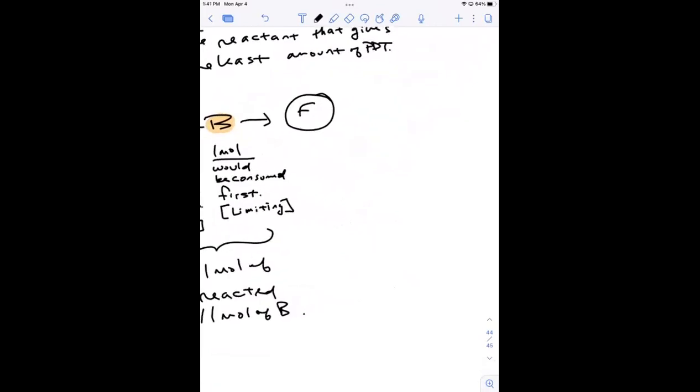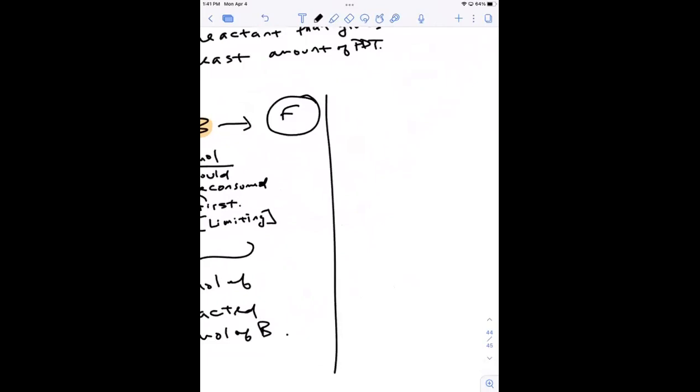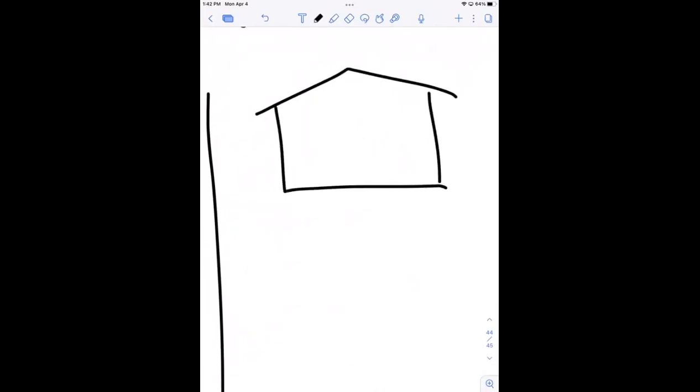Let me give you another example. Let's say I'm building a house. This is a crappy looking house, so don't trip about the drawings. Every house has 2 windows and 1 door. The wood and all that stuff, I'm not going to get that deep in the weeds with it.